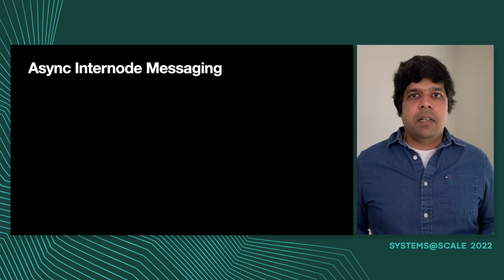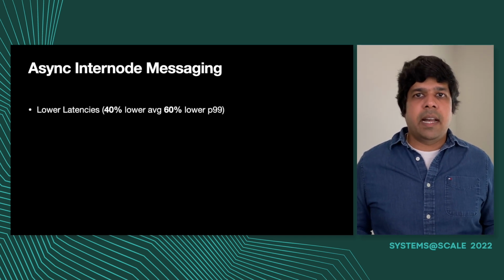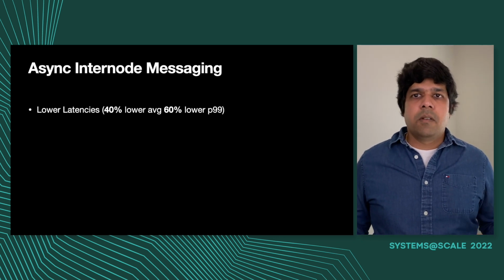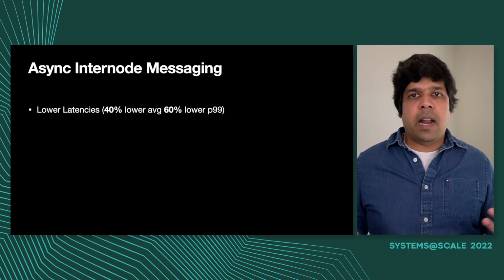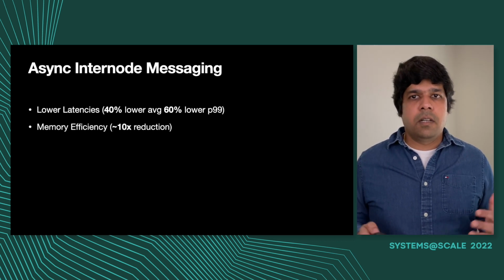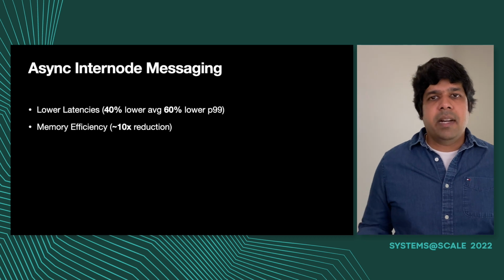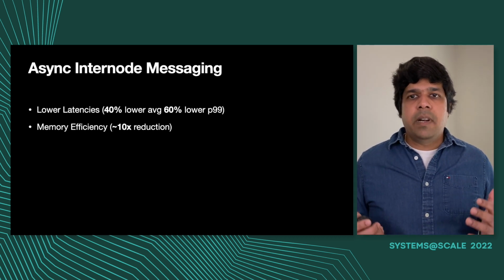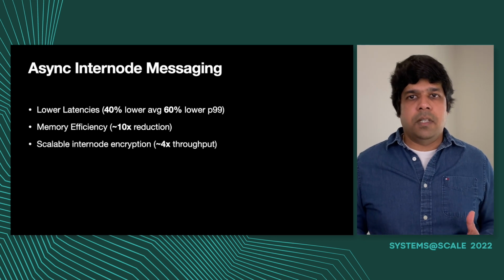A major area that Cassandra improves on is the internode messaging. Internode messaging is the internal messaging layer in Cassandra that allows nodes to communicate with each other. This used to be a major scalability bottleneck for large clusters. Cassandra 4.0 completely revamps it to use async I/O. This dramatically reduces the thread count that Cassandra uses and has improved latencies and memory efficiency.